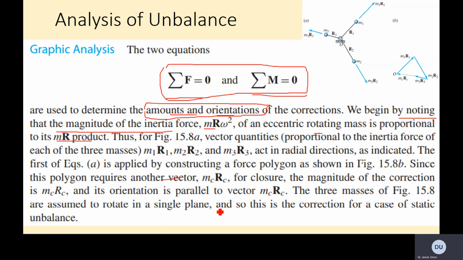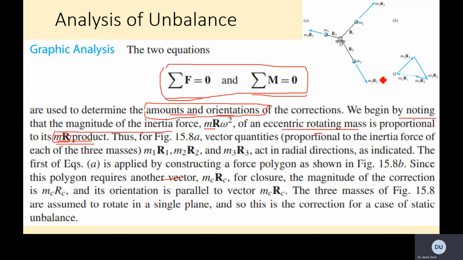We have seen the definition of mr. So m r omega square, the inertia force of an eccentric rotating mass, is proportional to mr. Because all components are moving with the same angular velocity, mr is the one which will lead the way, because omega is the same for everything. So more eccentricity means more r, means the mr product will be higher.